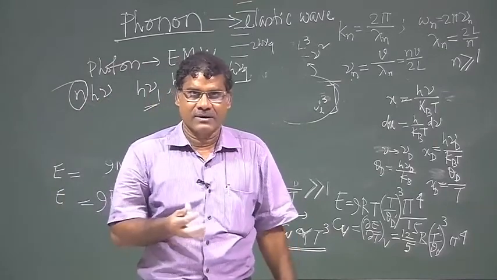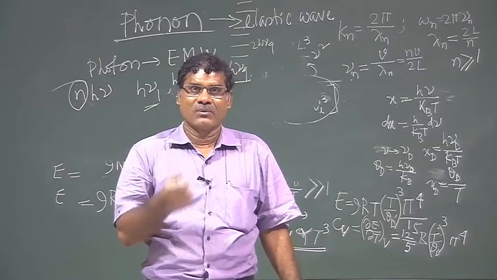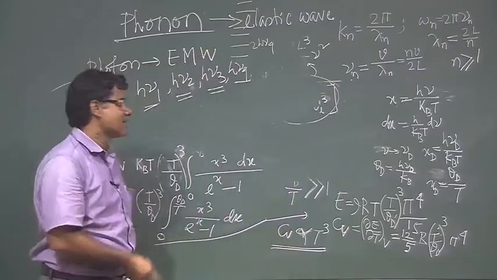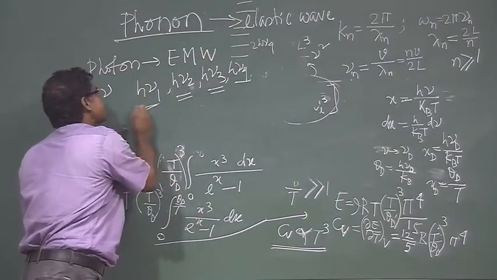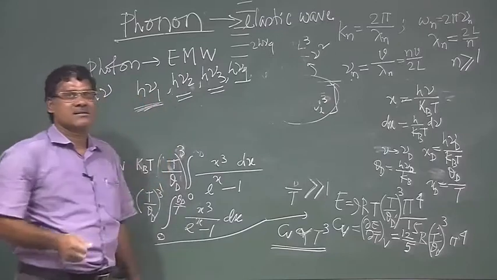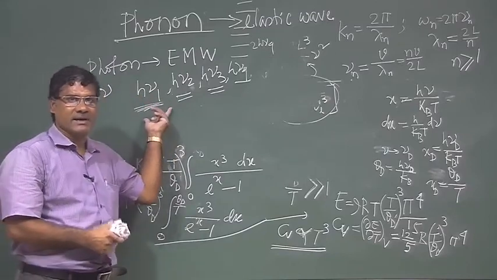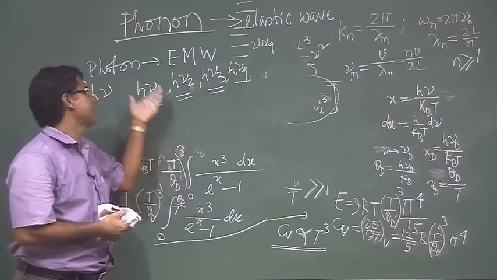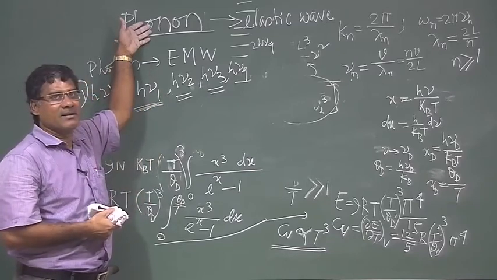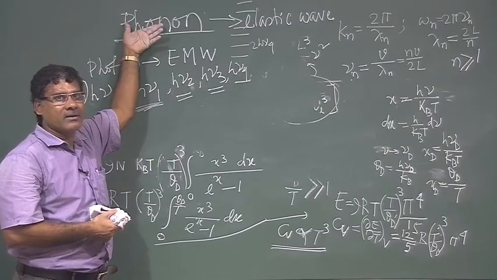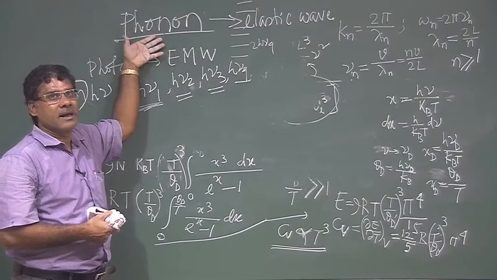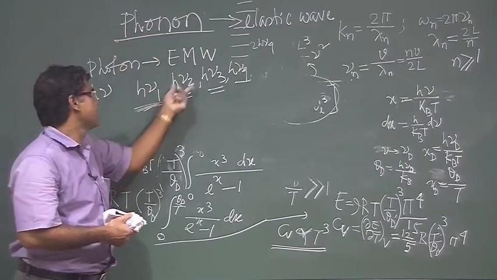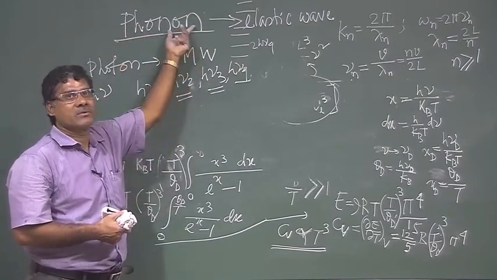So, as a whole, this elastic wave, when it is in ground state, we can consider it one phonon. It consists of one phonon. When it is at a higher energy level, the nth energy level, it contains n number of phonons. This also has n number of phonons.